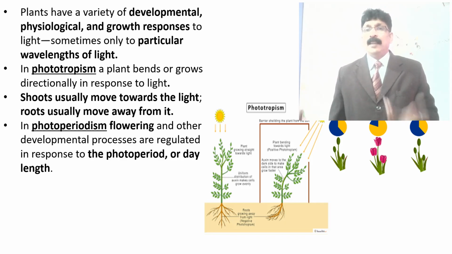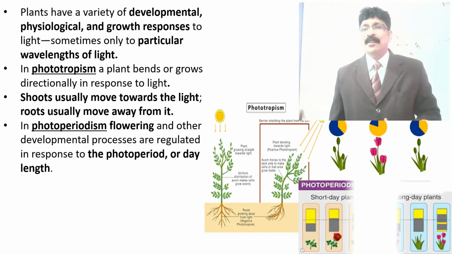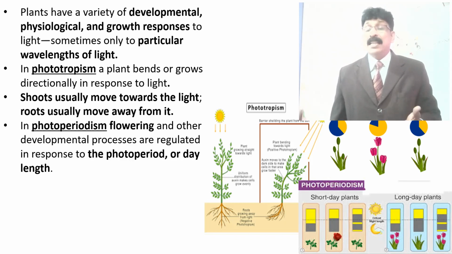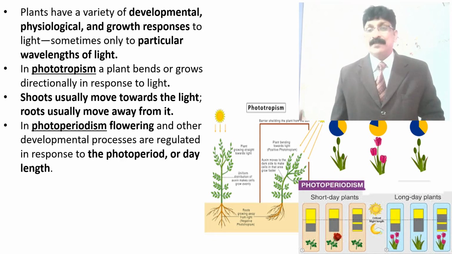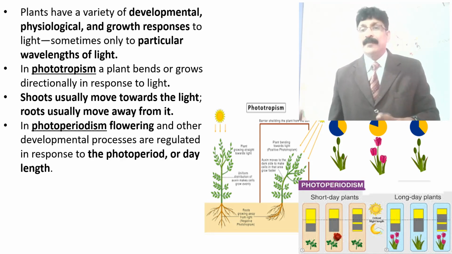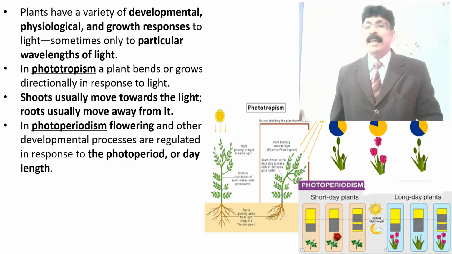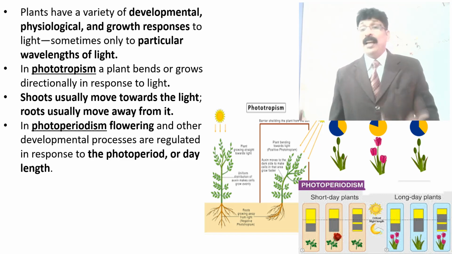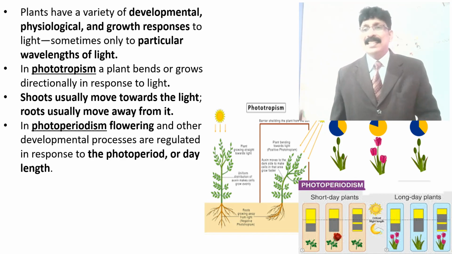There are flowers which are short day plants and long day plants. Short day plants flower in that particular darkened shade in the graph, and long day plants need the shade or the darkness. In a particular period of time they will flower.